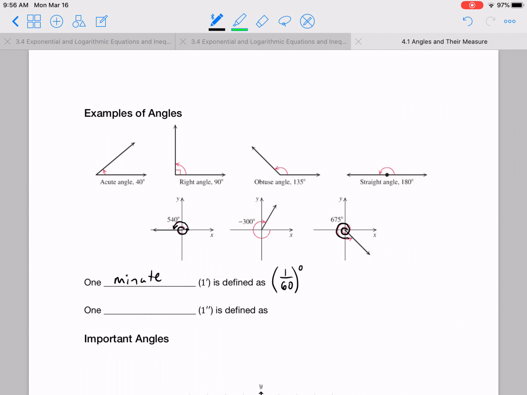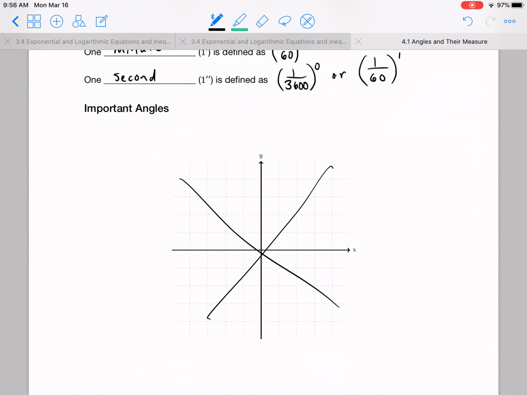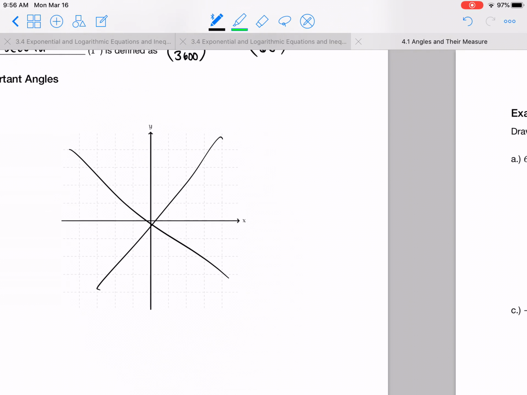And then 1 second is defined as 1/3600th of a degree, which is also going to be 1/60th of 1 minute. Okay, so just like minutes and seconds as far as time goes, a minute is a 60th of an hour, and a second is a 60th of a minute. Okay, we don't really need to mess with that. We did some important angles up above already.